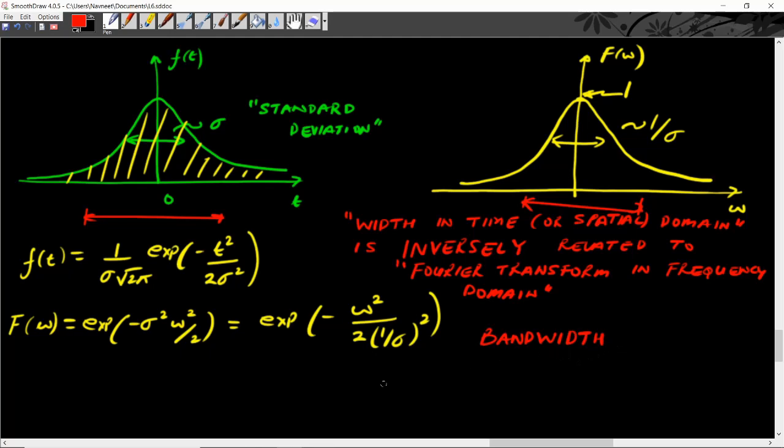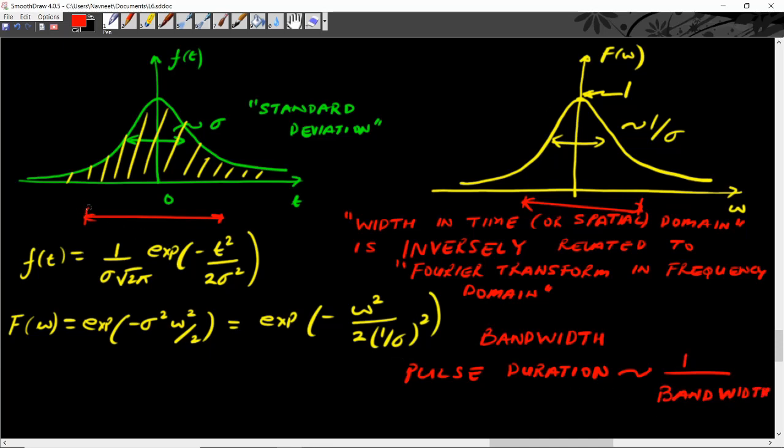So if the pulse duration increases, the bandwidth decreases, or vice versa. So the pulse duration and the bandwidth are inversely related to each other.